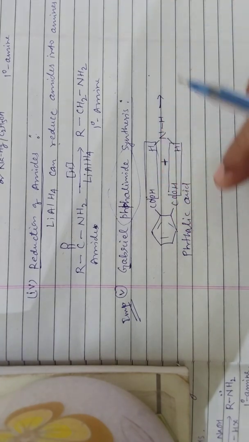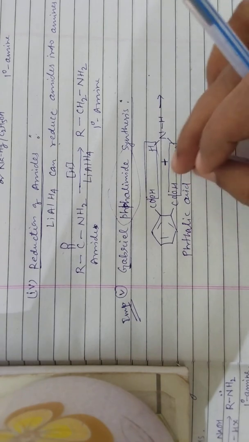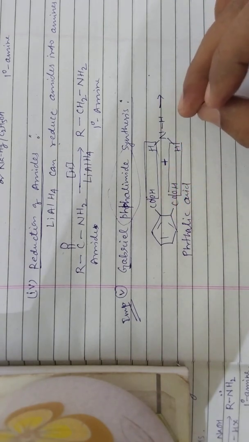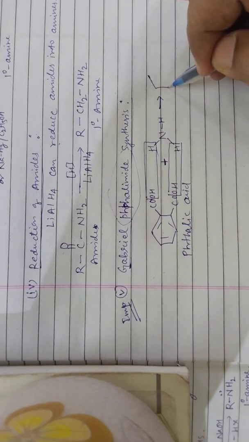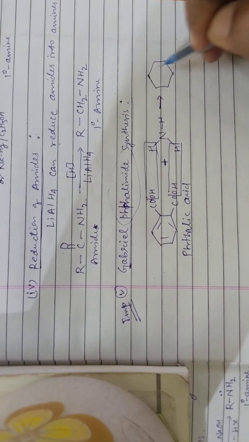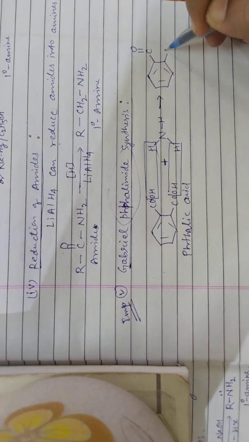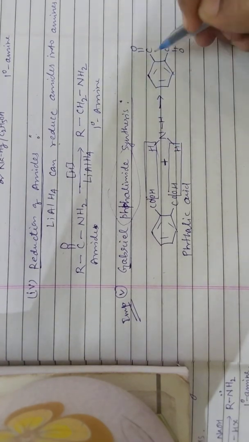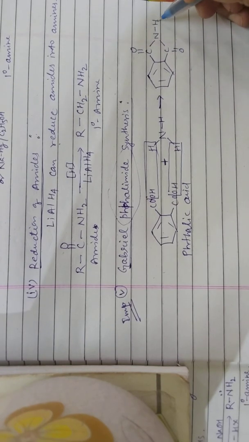Simple method, only to understand phthalimide. What is phthalimide? Here see, I am going to explain this. This is not needed to write, but only to understand. CO, and both carbons are attached to this nitrogen, and this is hydrogen.